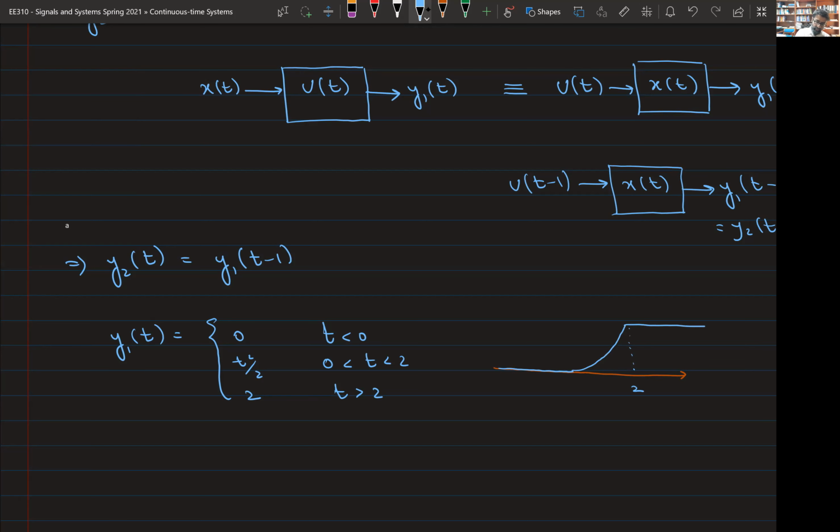And y2 of t would simply be equal to y1 of t minus 1. And what will that look like? This would just simply be a shifted version of that. So this would be here, and this would be here, and this would be time t equals 3. Okay? And then you just need to subtract one from the other.